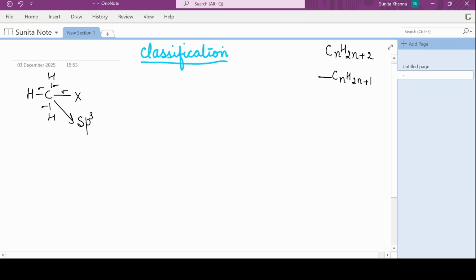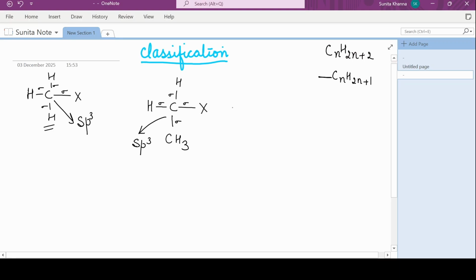Okay. We can have another example. Say one of the hydrogens I replace with another alkyl group. Here carbon, hydrogen, hydrogen. Instead of this hydrogen, I write here CH3. And again I put halogen here. So this is a sigma bond, this is a sigma bond, this is a sigma bond, this is a sigma bond. Still the carbon is sp3 hybridized.